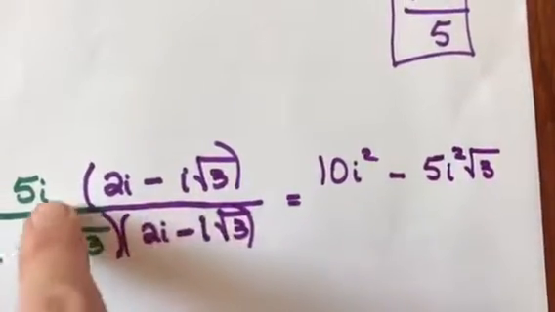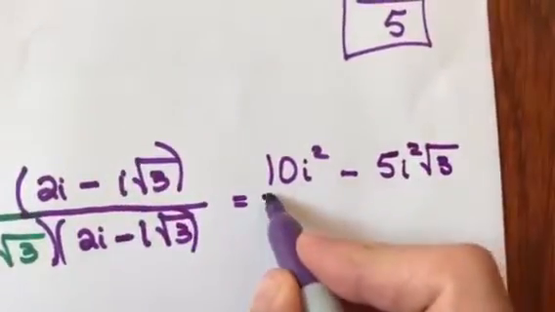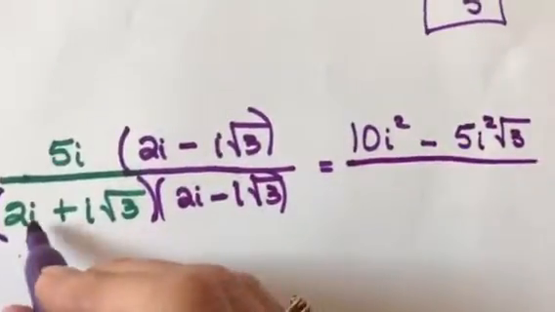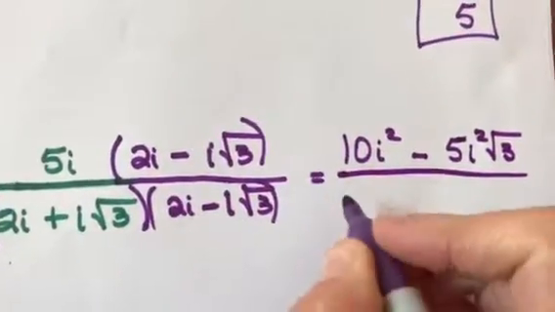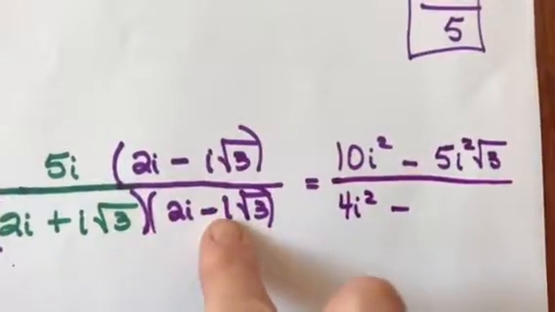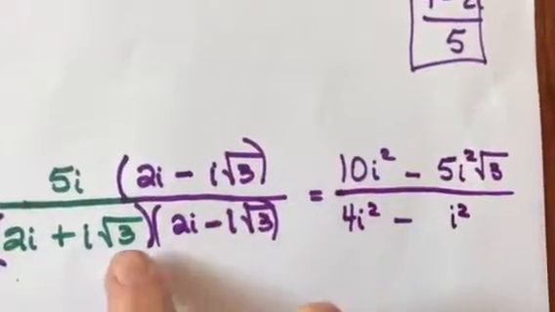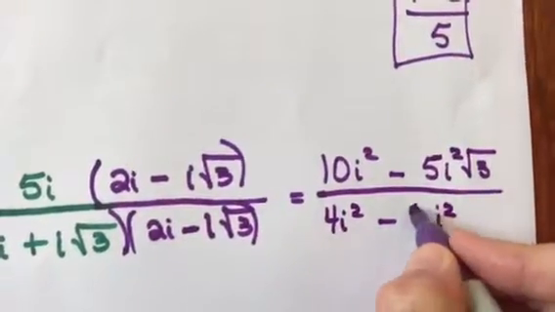Does everybody see that? Because there's your I times I, which gave me the I squared. All over. All right, 2i times 2i is 4i squared. Here we've got I times I, which is I squared. The square root of 3 times the square root of 3 is 3.